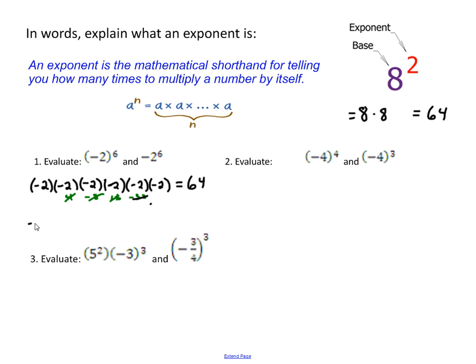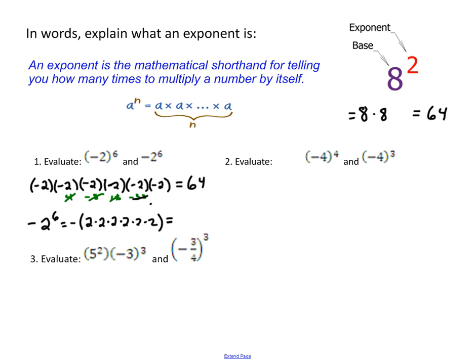Well, because the negative is outside of the expression, remember that the exponent will only apply to the very last thing it's attached to. So this is equivalent to saying the negative of 2 times 2 times 2 times 2 times 2 times 2, multiplied by itself 6 times. So the result here will be negative 64.